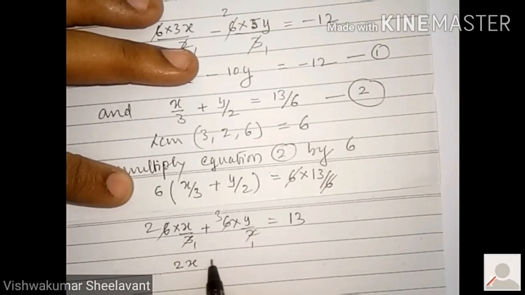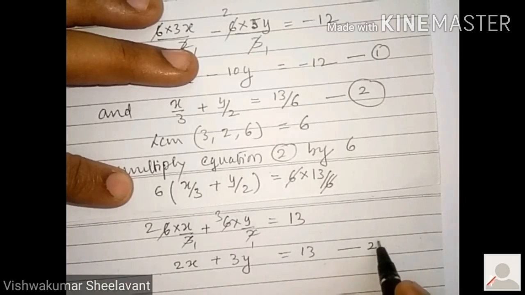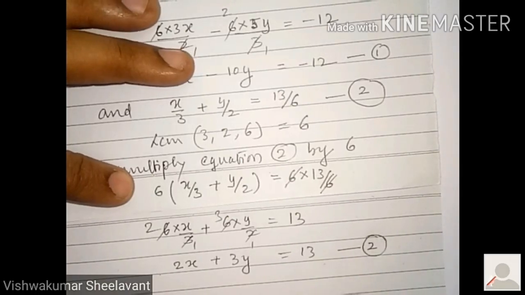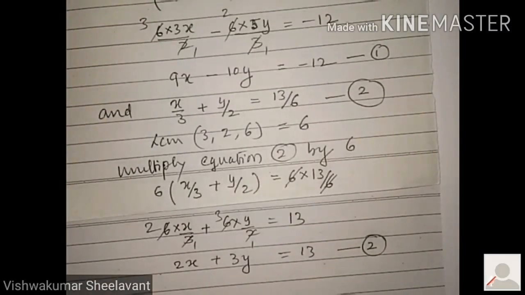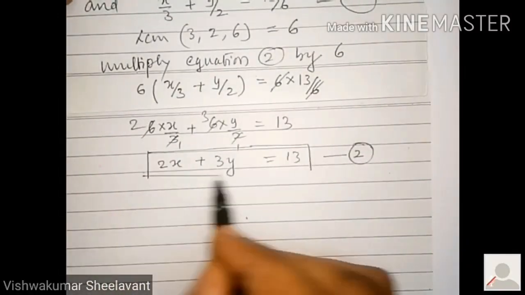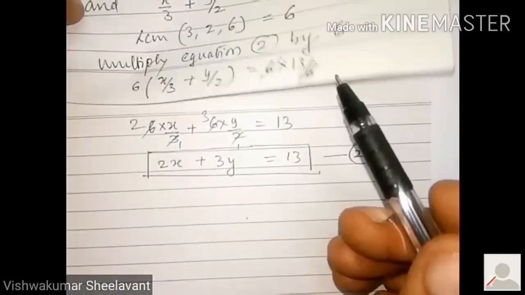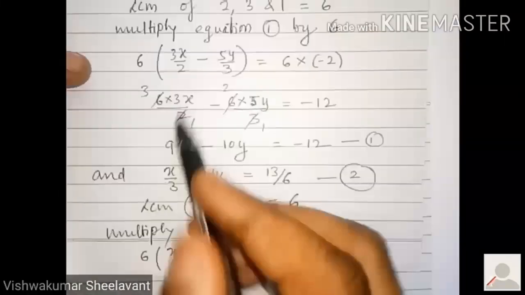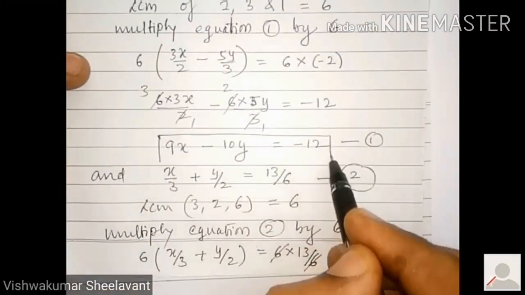You get 2x plus 3y equal to 13. It is nothing but again equation 2 but modified. So for solving purpose, we take these equations and we take equation 1 like this.